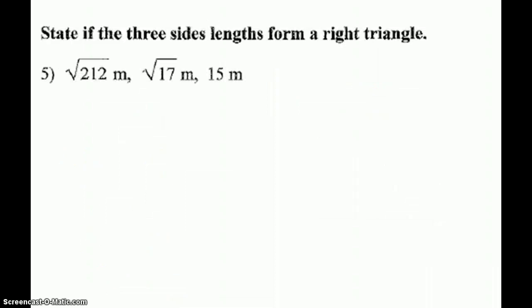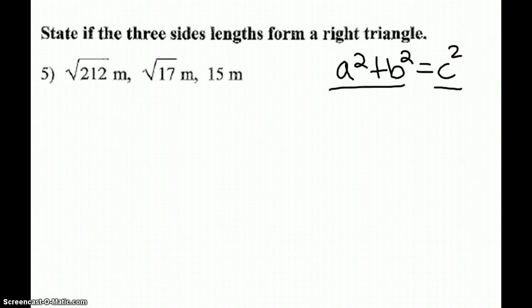The next type of problem I come to asks me to state if the 3 side lengths form a right triangle. Now, what you have to do with this, we're still using our Pythagorean theorem. And I know if this side equals this side, then it does indeed form a right triangle. So the question you may have now is, how do I know which of these is the biggest?